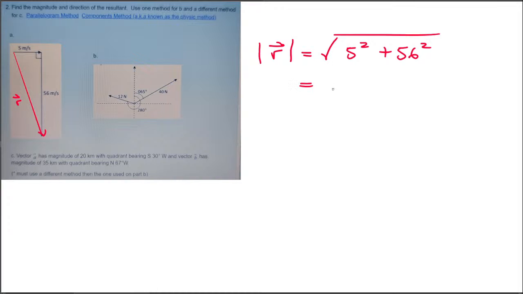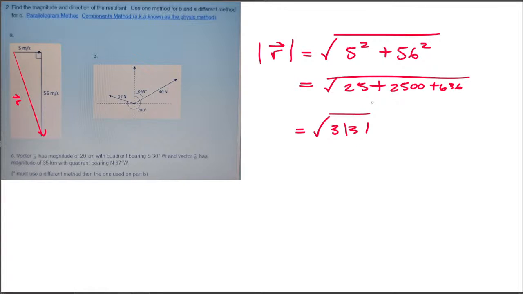And so what is this going to be? The square root of 25 plus, this is going to be what? 2,500 plus 300 plus 300 plus 36. So this will be the square root of 3, 1, 3, 1.